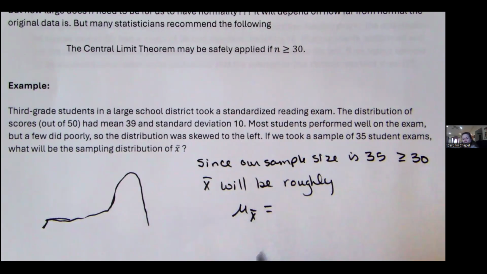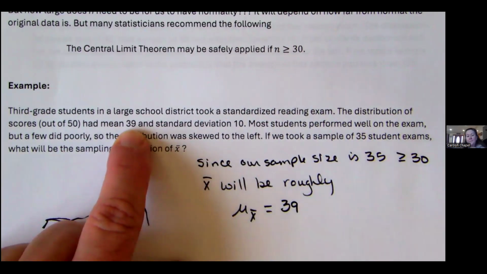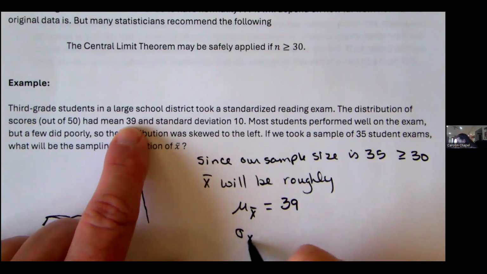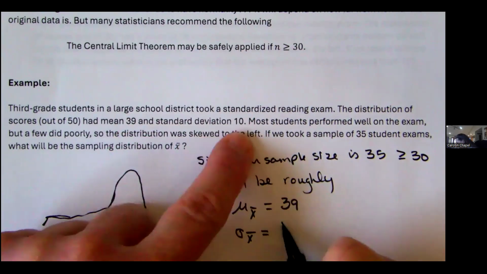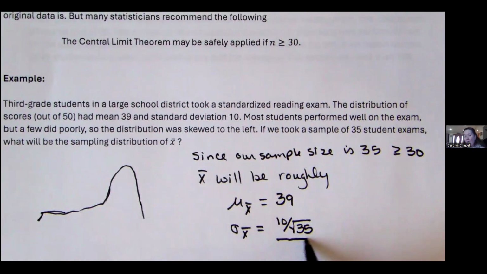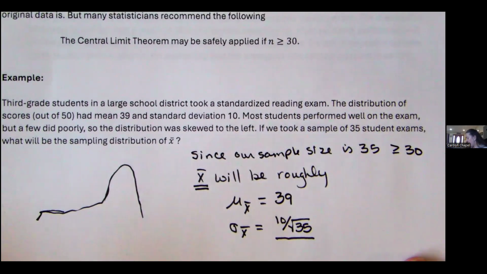The mean of our averages will be the mean of the original data, which would be 39 in this case, and our standard error is going to be that 10 divided by the square root of our n. This is going to be an important thing to remember when we are looking at our X bars.